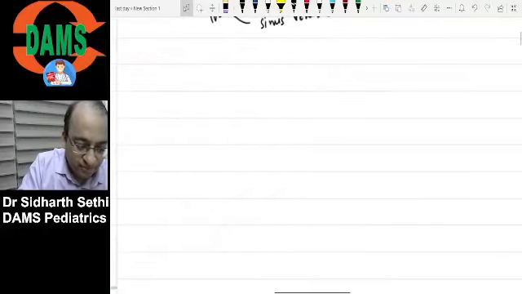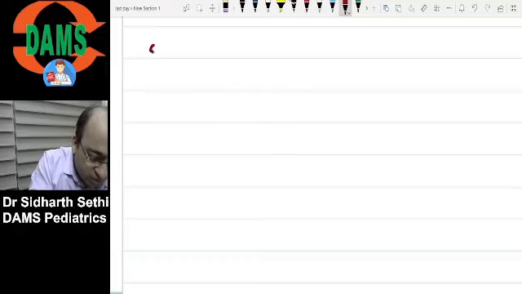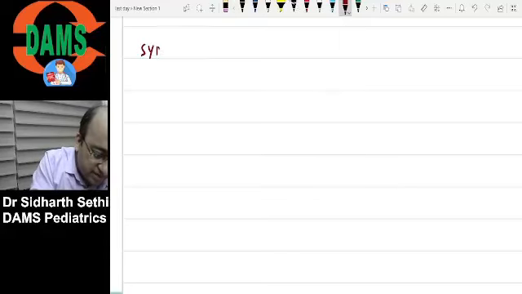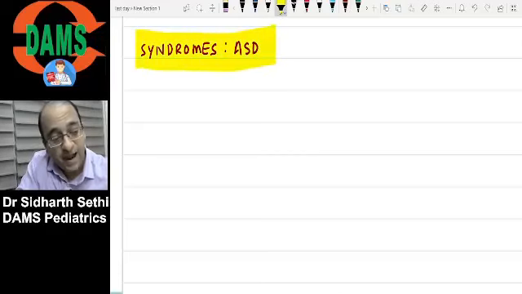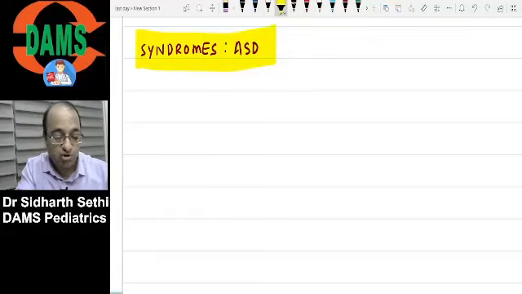Now you should know some syndromes associated with ASD. Genetic syndromes associated with atrial septal defect. First and foremost, can anyone in the class tell me which is the most common syndrome associated with ASD?